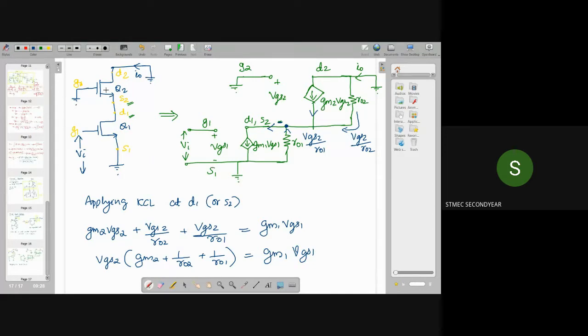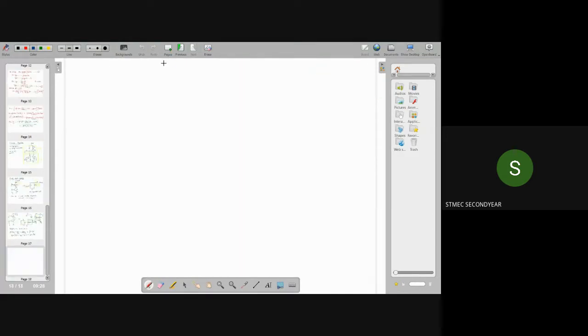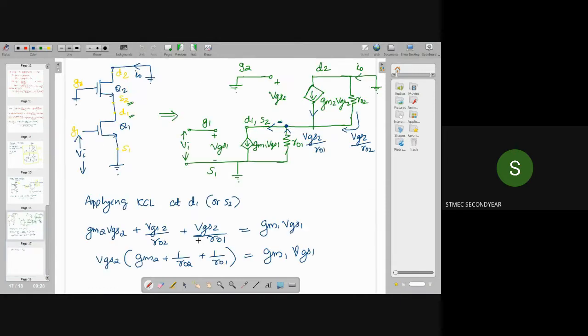Now, we can take one approximation. That is, gm2 will be far, far greater than 1 by R01 or 1 by R02. R01 and R02 are very high values, so 1 by R01 and 1 by R02 will be very small compared to gm2. In this bracket, gm2 will dominate, and we can neglect the effect of 1 by R01 and 1 by R02.